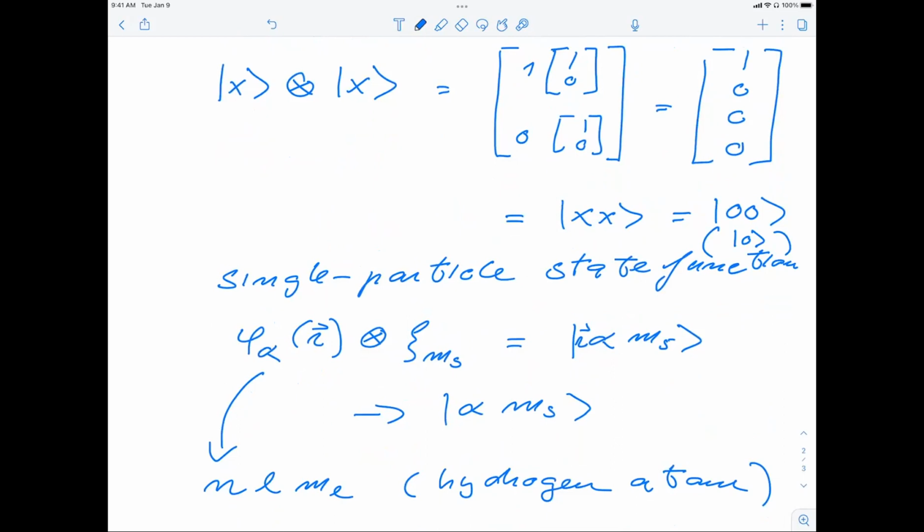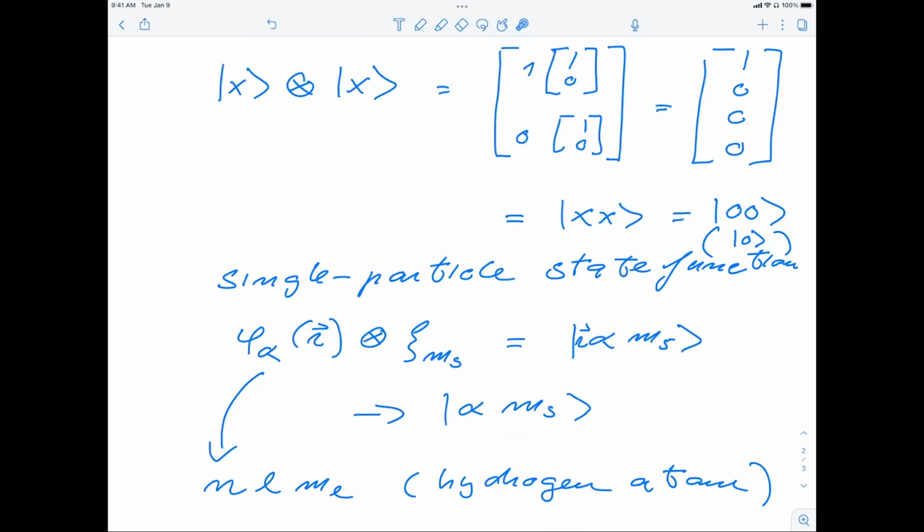So tensor products play a very, very important role in what we are going to do here, but it's normally hidden in the sense that we end up using a more compact notation like this, but you have to think of this as a tensor product of different spaces. So this is for single particle.